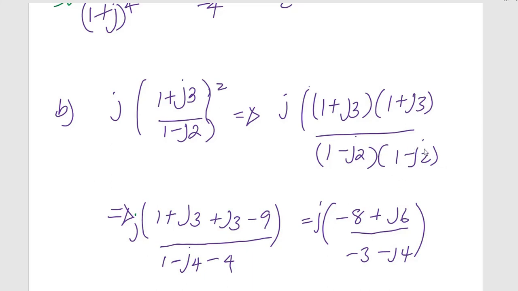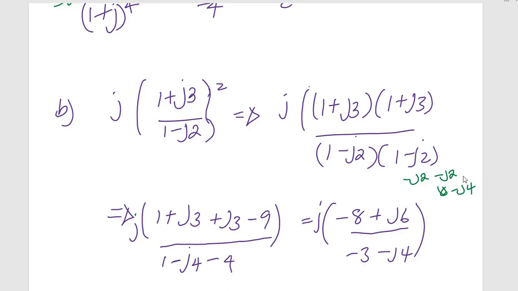But remember, negative 1 is multiplied by negative 2 and by negative 2, which gives you 4. But 4 now times negative 1 of j squared gives you minus 4. Also, I have minus j2 minus j2, so this gives you minus j4, which is here.